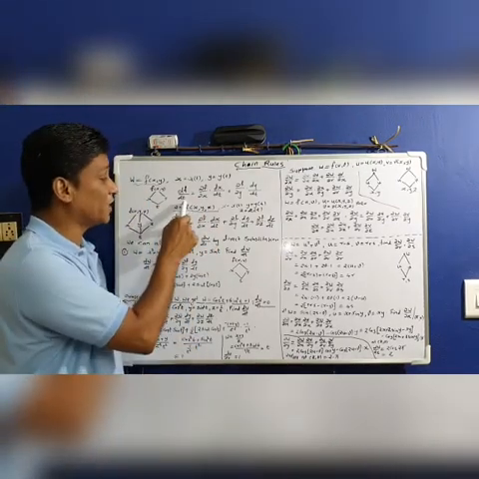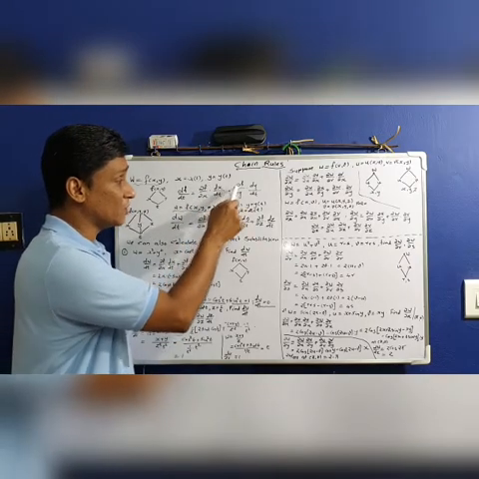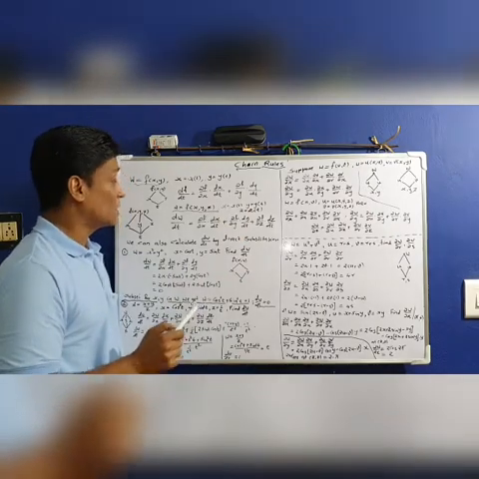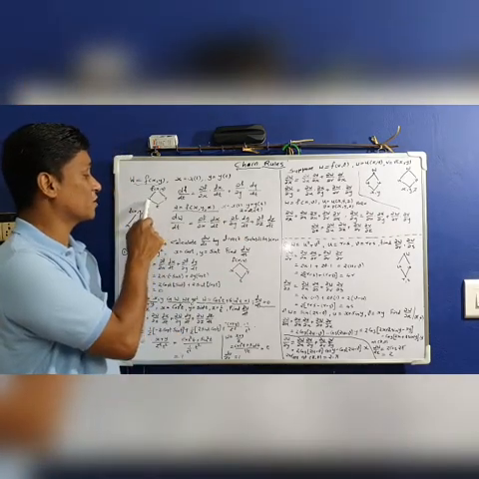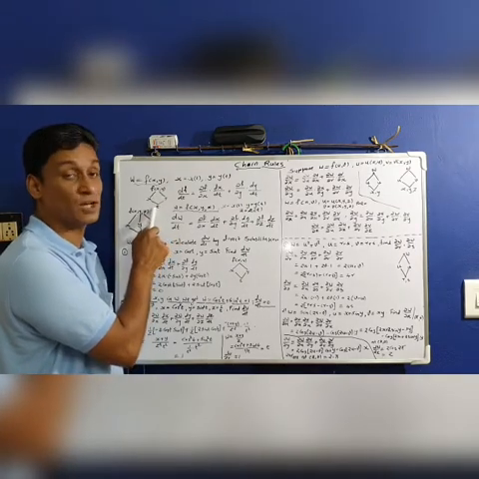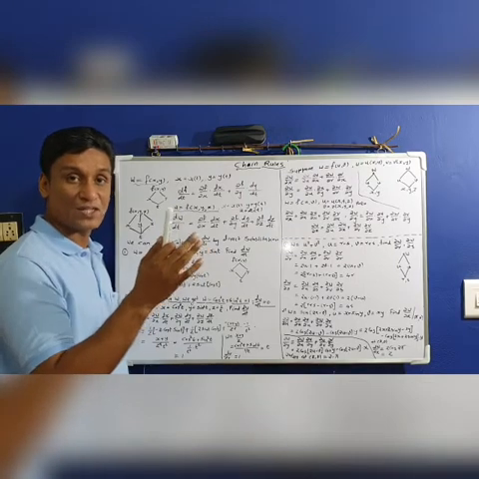So df by dt equal to dou f by dou x into dx by dt plus dou f by dou y into dy by dt. Now look at this diagram. w is a function of x and y. x and y are functions of the single variable t. So there exists only one variable in the base level, that is t.